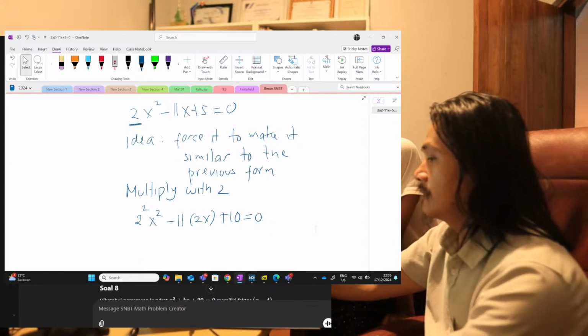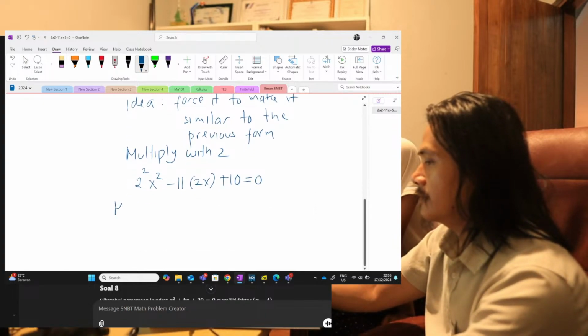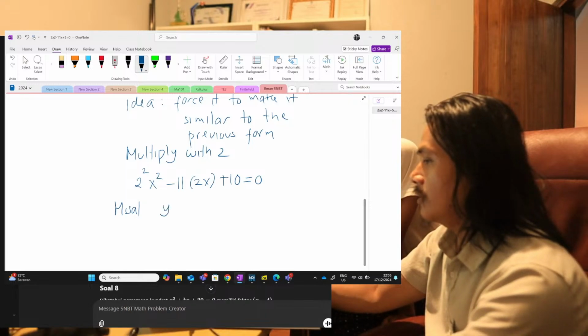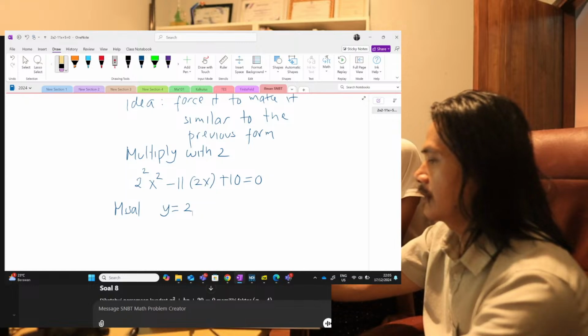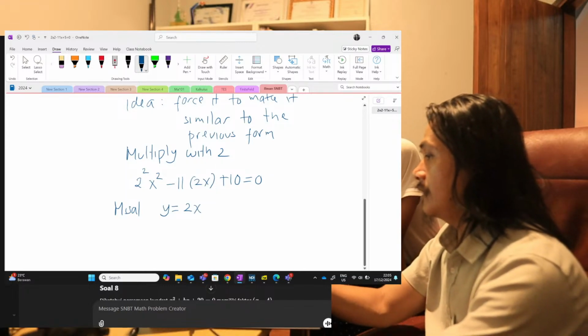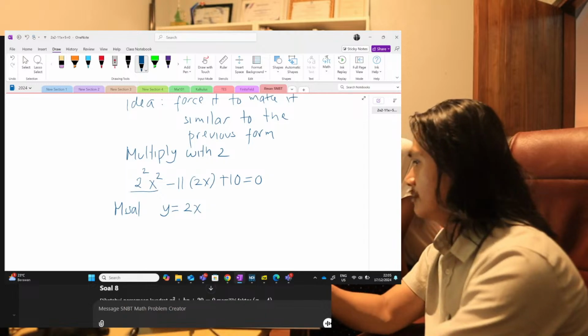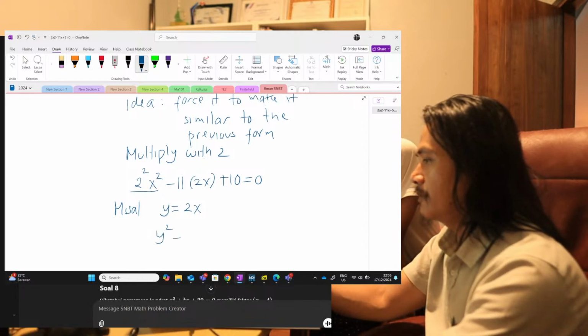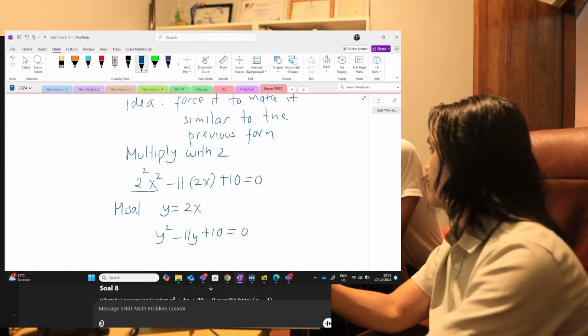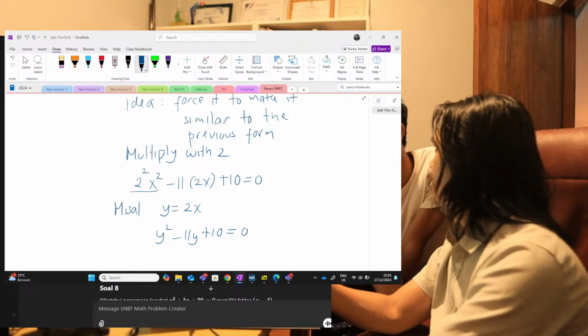Now suppose that we call this 2x as y. Then this guy is just y squared. So now y squared minus 11y plus 10 equals 0. Now we are in this form.